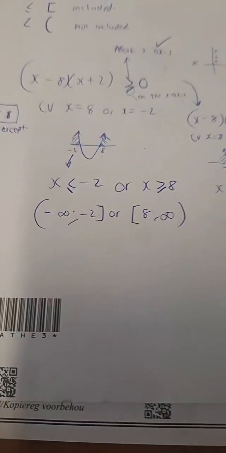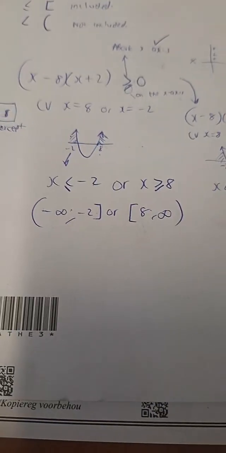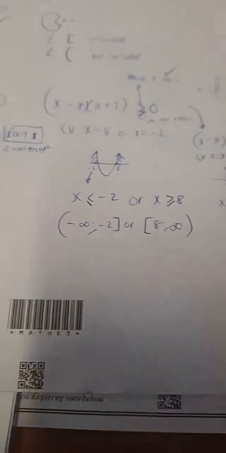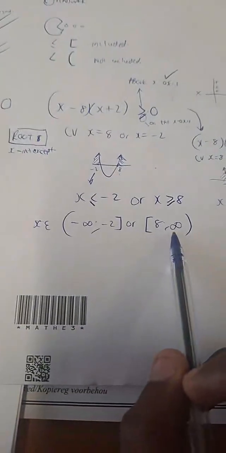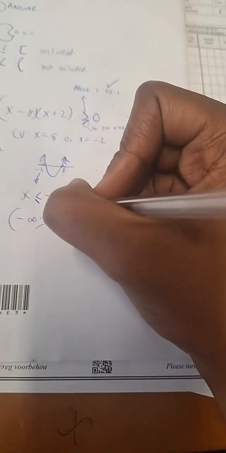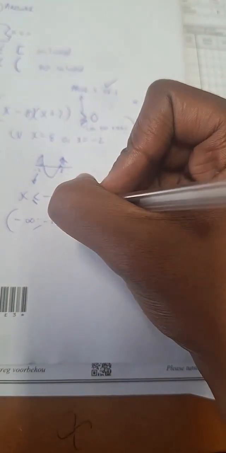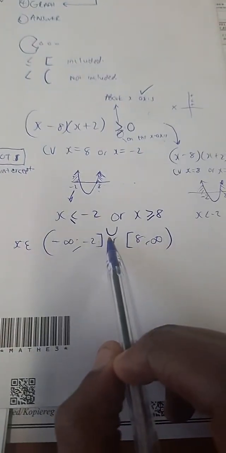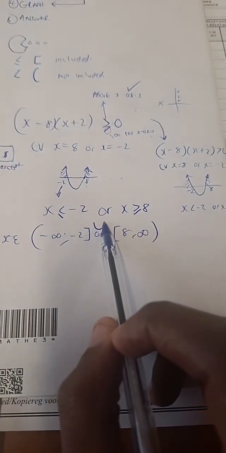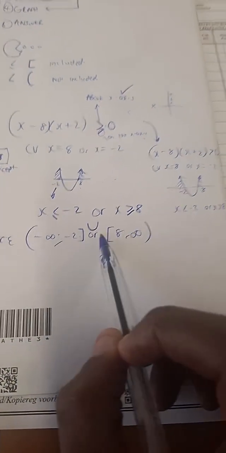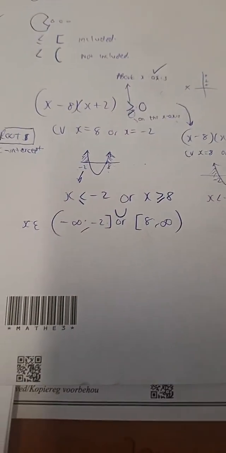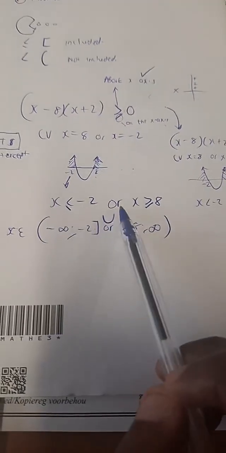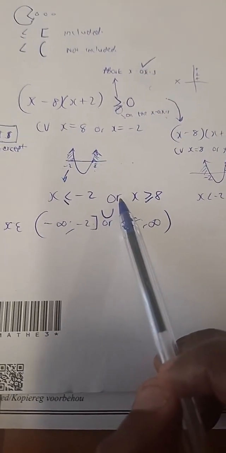To positive infinity, open bracket. Listen. You could do it like this. Say x is an element of, and then write. Now, sometimes some people like using the union symbol, because or can be written as the union. Or means union, like in probability, you usually use this symbol, okay?